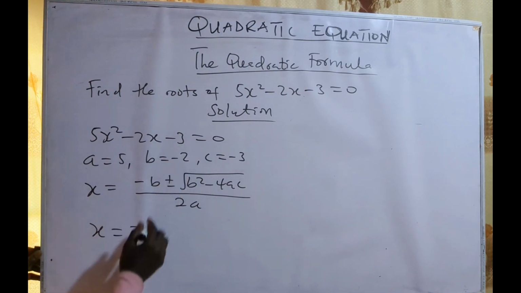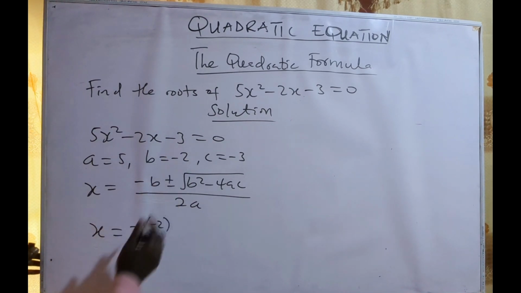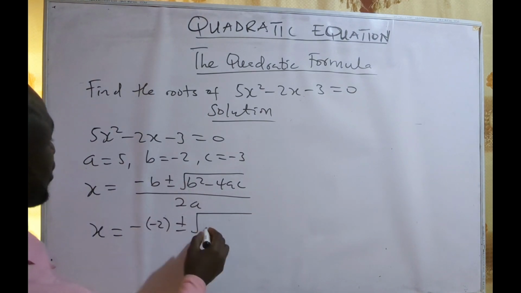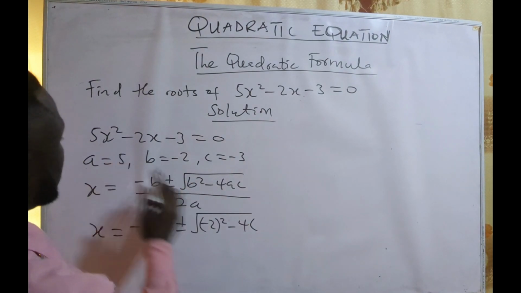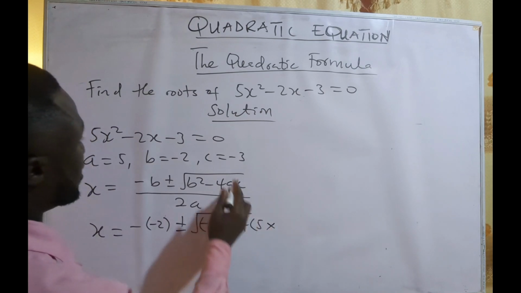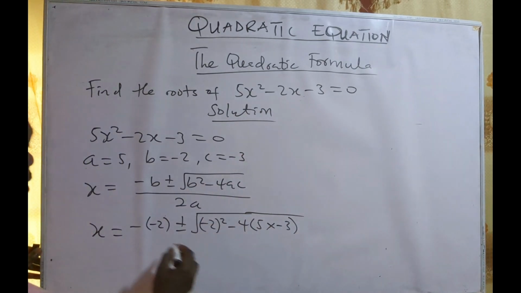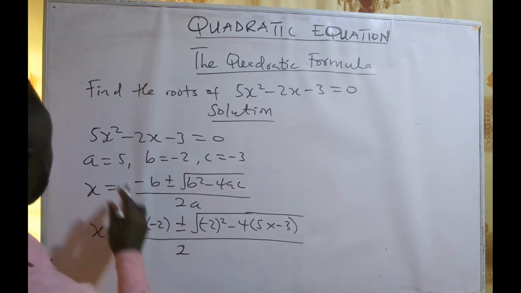B is what? Negative 2. So minus is already there, and then the b is negative 2. Plus or minus b squared, so negative 2 squared minus 4 times a, 5, times the c, negative 3, all over 2 times the a. What is the a? 5.